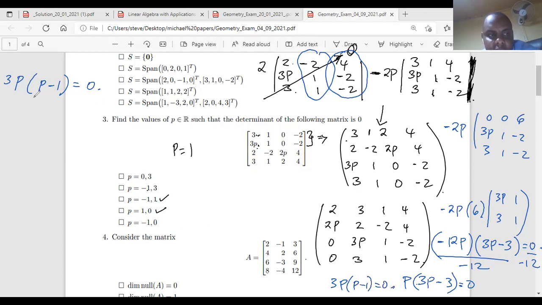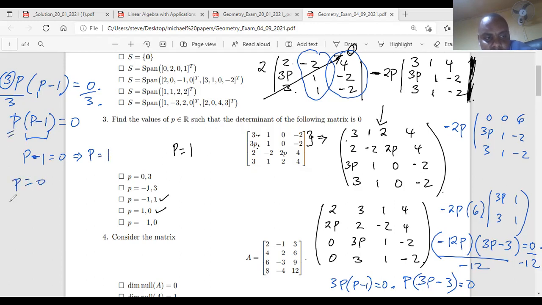And this is the same as p minus 1 equals 0, because we can divide by 3, right? Yes. This only means that p is 1 or p is 0. There you go. And so that's our answer.